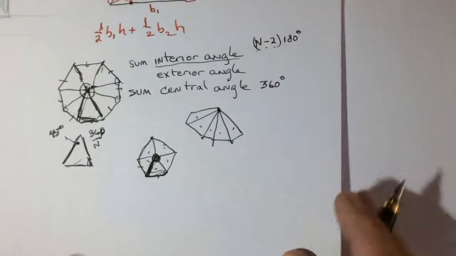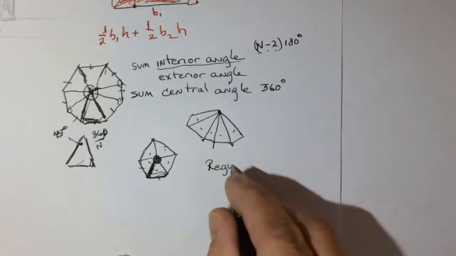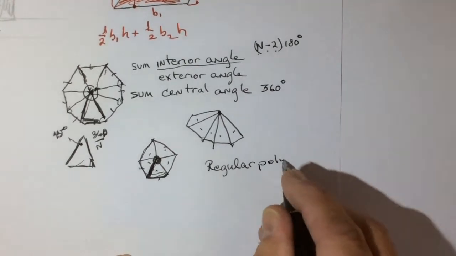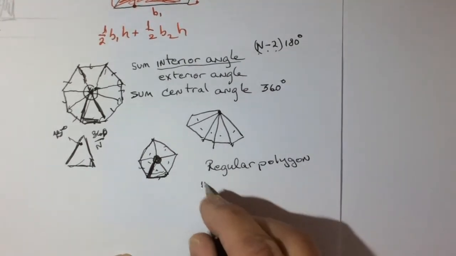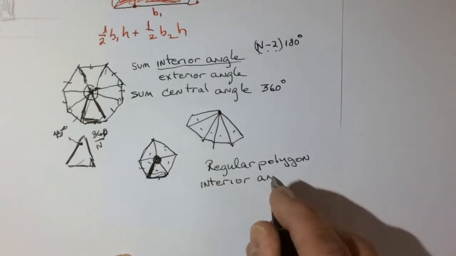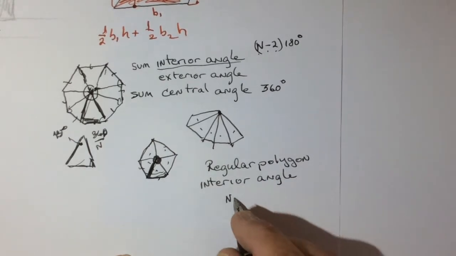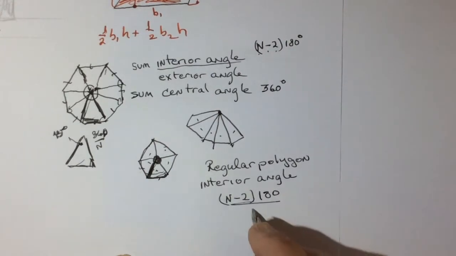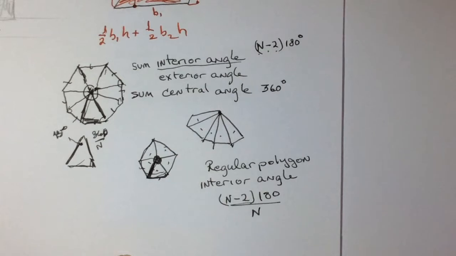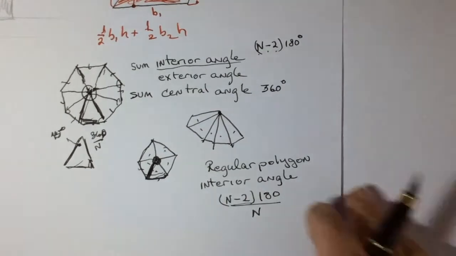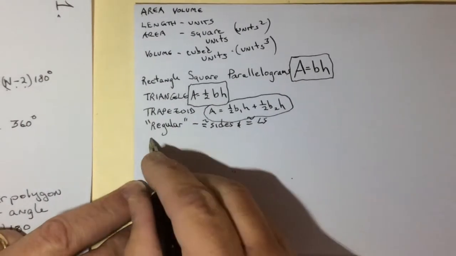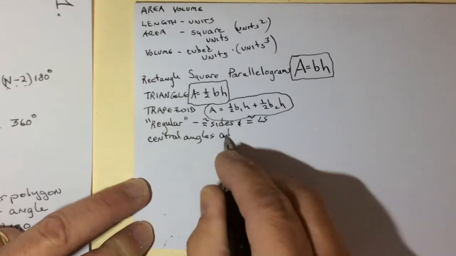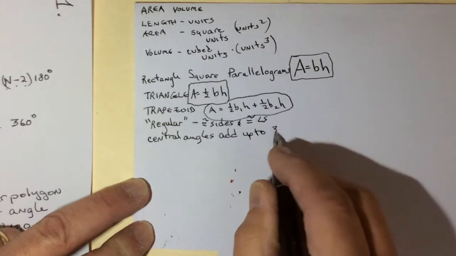If you have a regular polygon and all the side lengths and all the angles are equal, you can find the interior angle by calculating the sum of the angles, and then dividing by how many sides there are. So let's go put some of this over here. Central angles add up to 360 degrees.